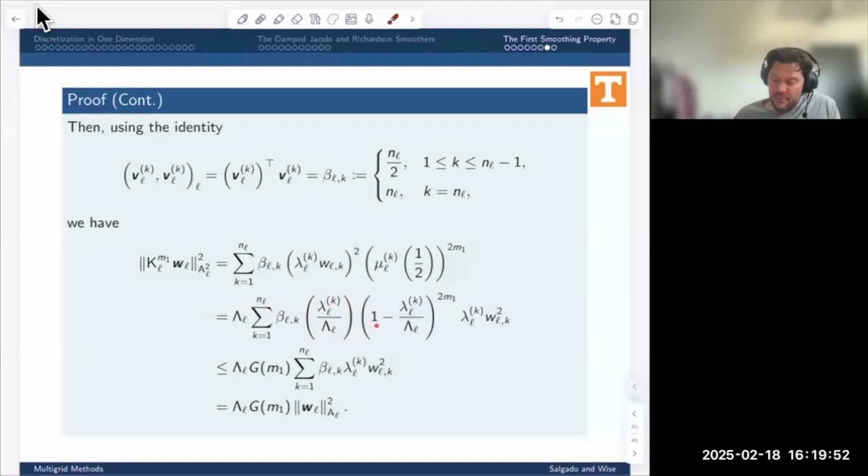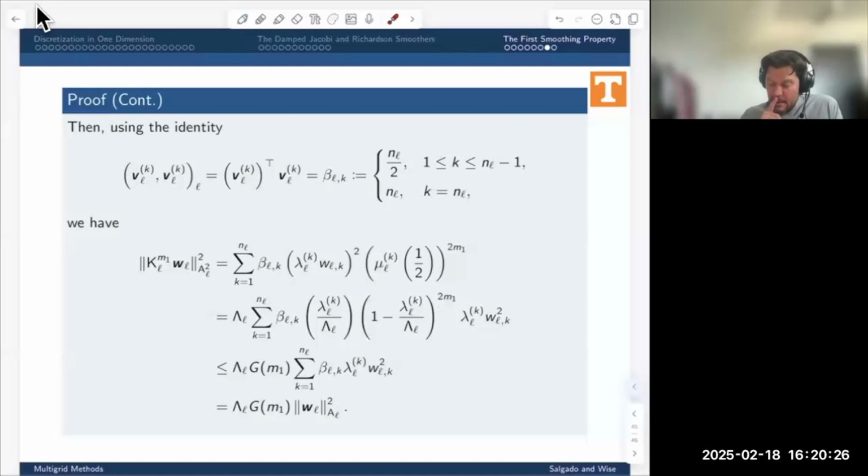And here, whenever k is equal to nl, this number becomes exactly equal to 1, so this number goes to 0. Otherwise these numbers are greater than 0 and less than 1, and then raised to some power. This we're going to keep on the outside for just a second.